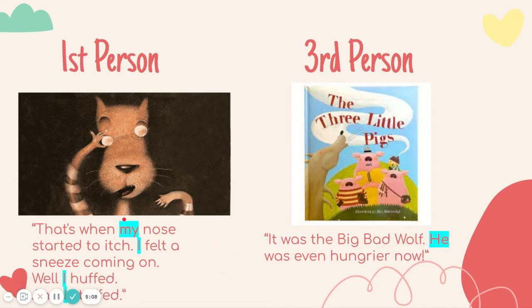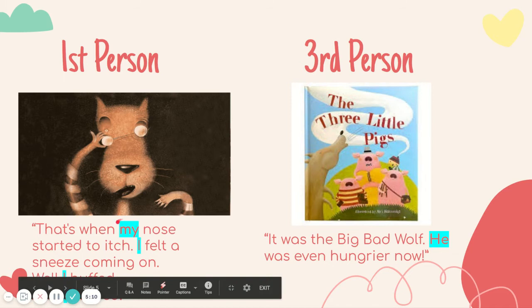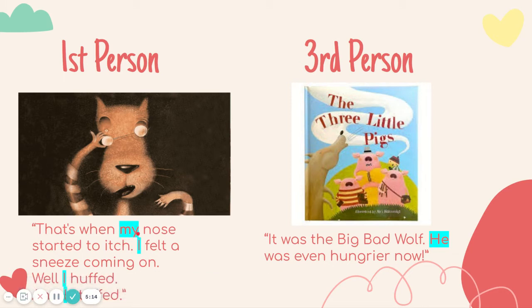The blue words that you see here are some of the clue words we can see and figure out, is it in first person or third person? So is the character inside the story the narrator, or is the narrator outside telling the story?